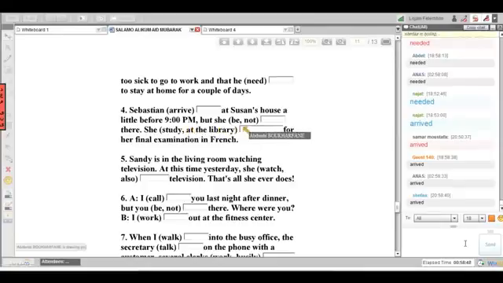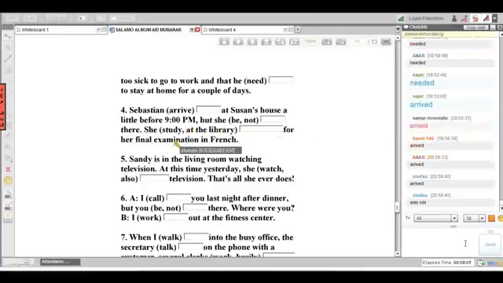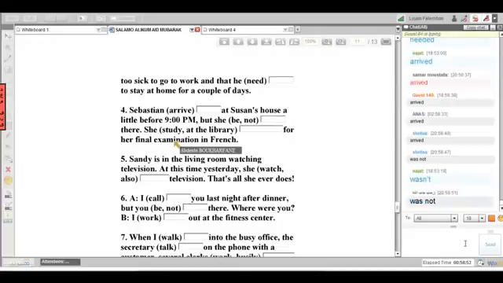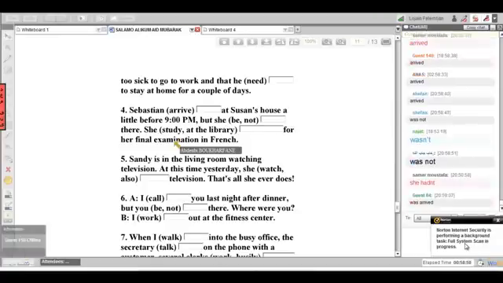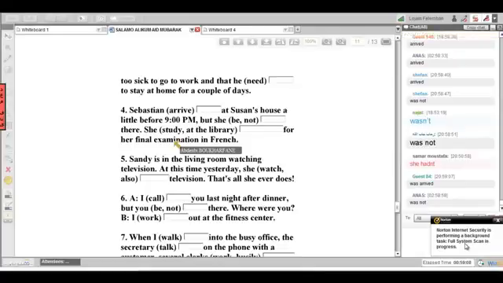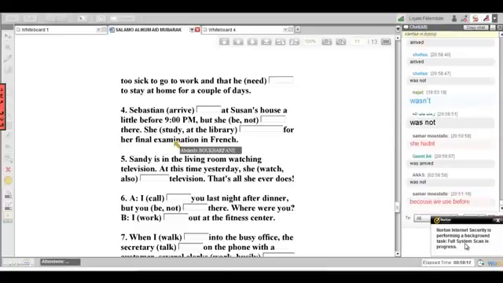Yes, but here these are just two successive actions. Okay. After I found the wallets full of money, I went immediately to the police and turned it in. Found, went, turned. These are just three successive actions.